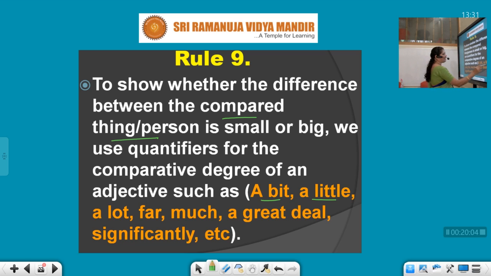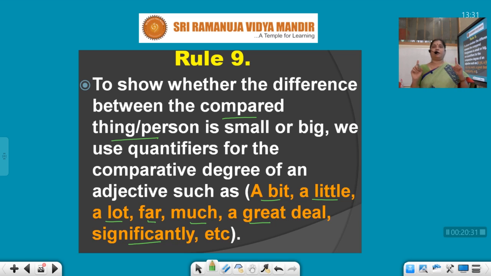A bit, a little, a lot, far, much, a great deal, significantly, etc. So we use these quantifiers only when we are comparing the things which are almost similar. And when do we do this, students? Only when we are using comparatives.